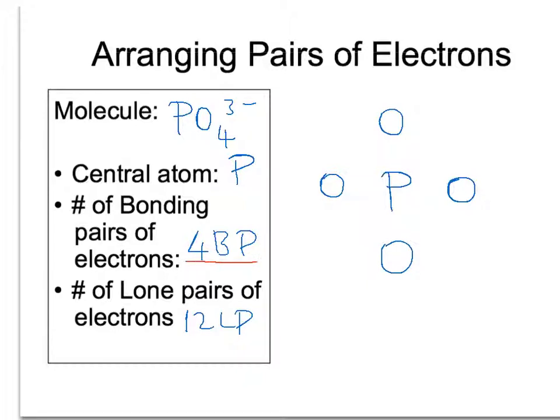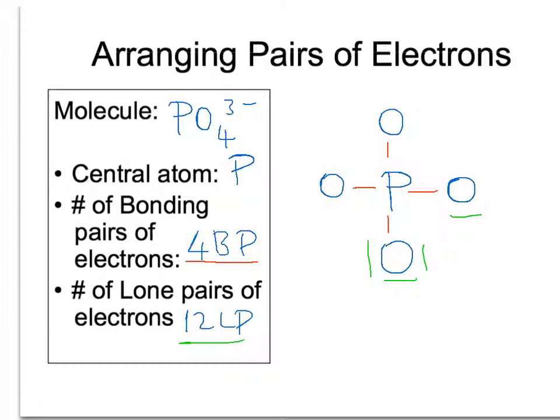And now we're going to arrange the 4 bonding pairs, starting from phosphorus. Here 4 around phosphorus. If you count the electrons surrounding phosphorus, you have now 2, 4, 6, 8 electrons. Phosphorus is satisfied. We're now going to place the lone pairs, 12 lone pairs to place in this structure.